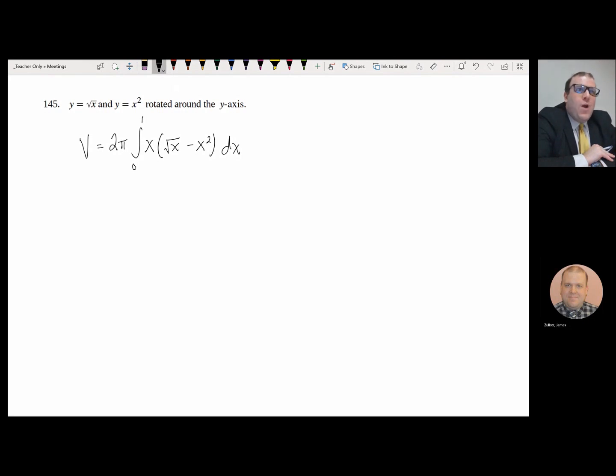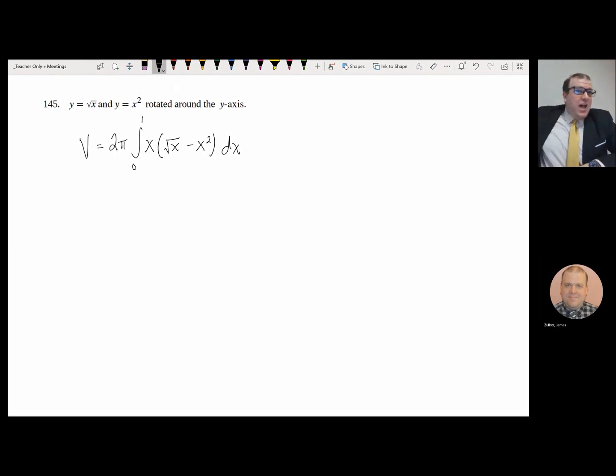Because if you square a number less than 1, it gets smaller. If you take the square root of a number less than 1, it actually gets larger. Right? Square root of a quarter is a half, versus a quarter squared is a 16th. So yeah, a little weird there.